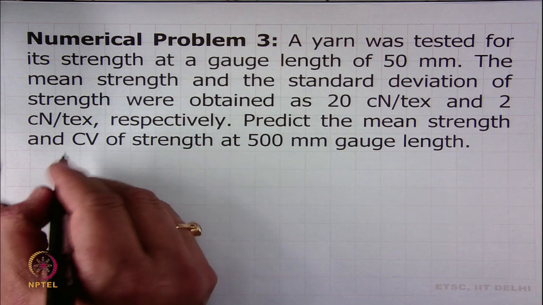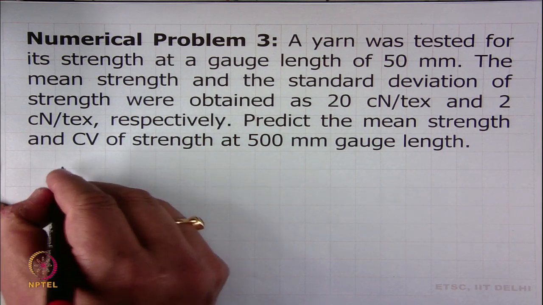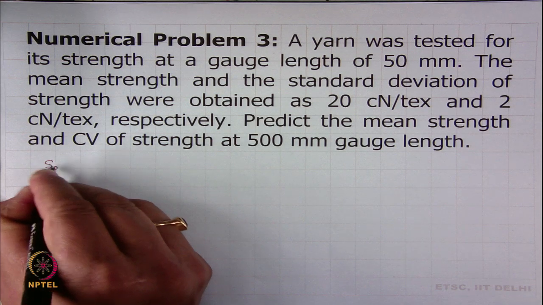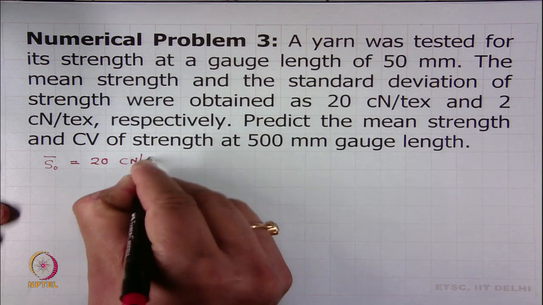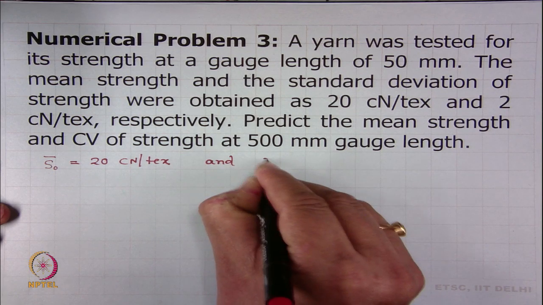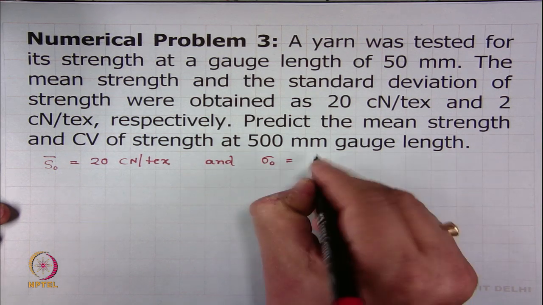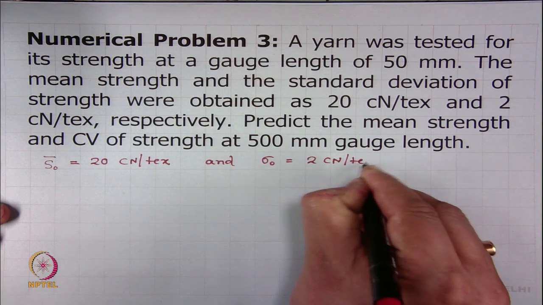So, what are given? Given this, 20 centinewton per tex, and this is given as 2 centinewton per tex.